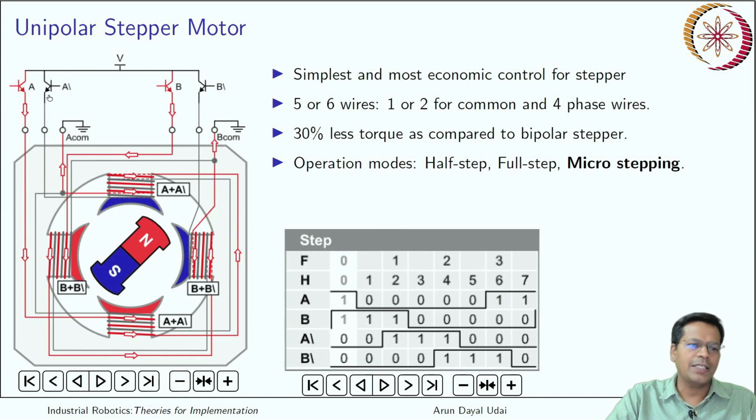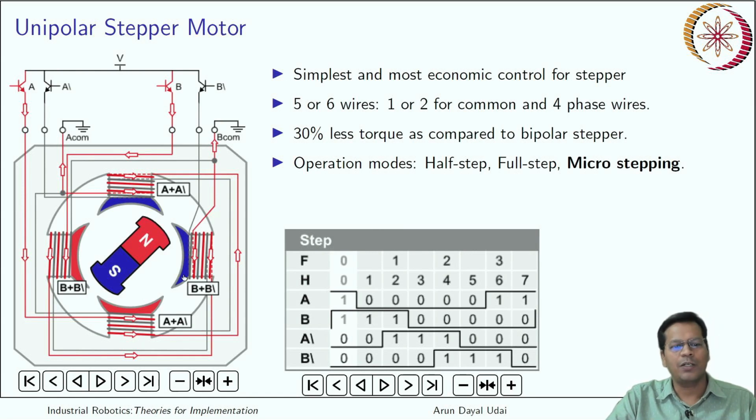And when A bar is high, in that case the wire comes from the other side and it makes the upper one north and the bottom one south. So it goes back to the ground once again. Okay, so this is to reverse the polarity of the pole. So north becomes south, south becomes north, from one pair of the set, that is A and A bar.